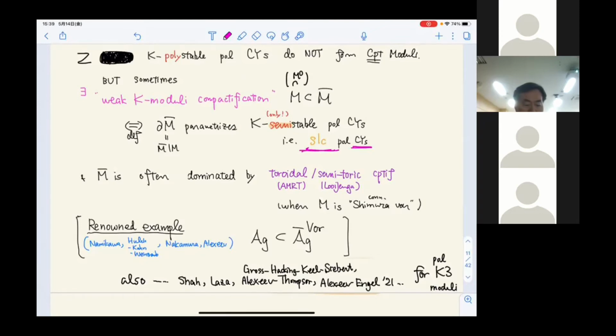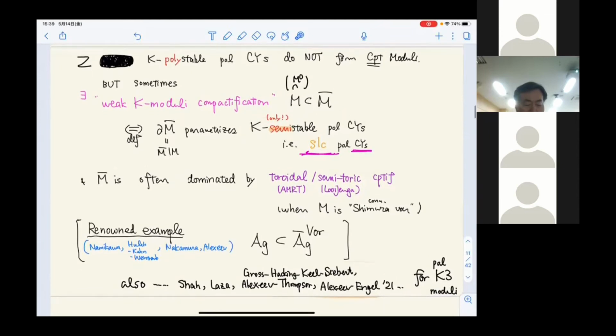Let's call this formulation, only requiring K-semi-stability, K-moduli. Not the K-polystable ones.